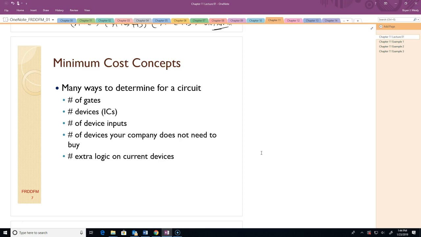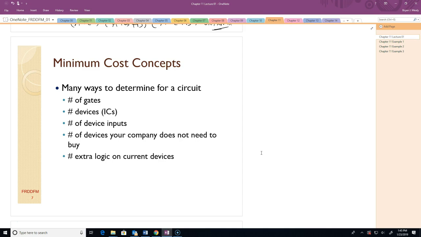Oftentimes it's the number of inputs to the gates. I mean, an AND gate can have 2 inputs, and it can have 20 inputs. Certainly 20 inputs is going to be more expensive than 2 inputs. Often, your company may have a bajillion NOR gates on hand, so they're going to want you to implement all your circuits with NOR gates because that's going to be cheaper for them.